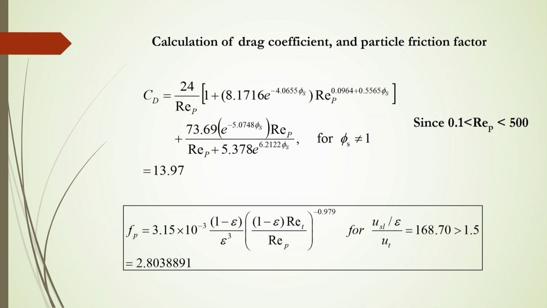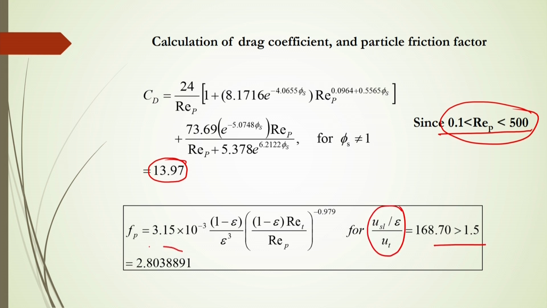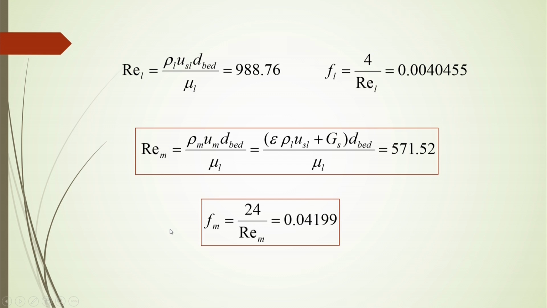And then what should be the drag coefficient? It is coming 13.97 within this range of Reynolds number of particle, and Fp again, this ratio is coming greater than 1.5, so it will be 2.80, as per the variable change of density and viscosity and other things for liquid, this water.